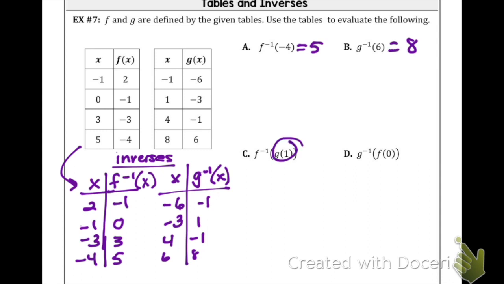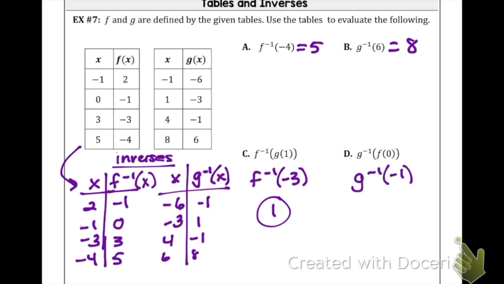Composition, work inside first. So g of 1 is up here, gets us -3. So then we're going to do f inverse of -3. So down here at -3, the f inverse is +1. F of 0 is -1.